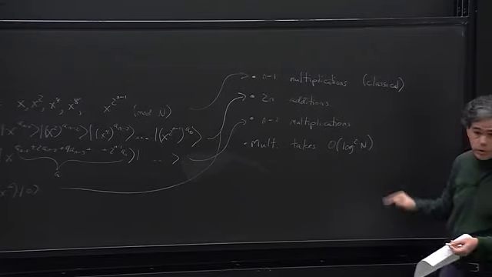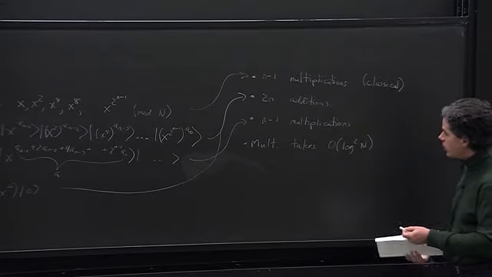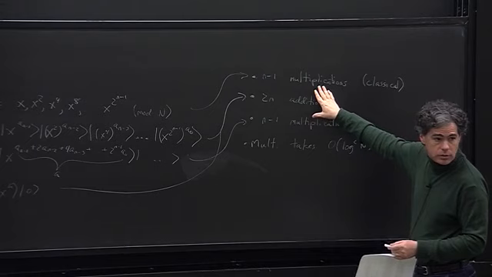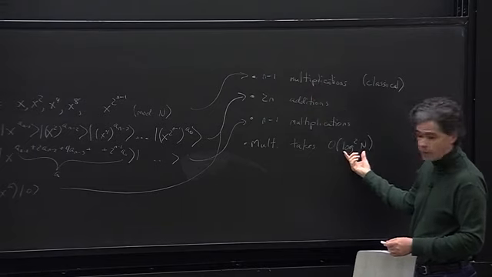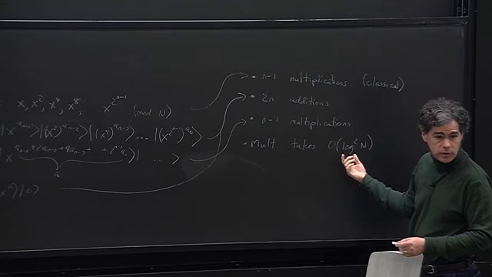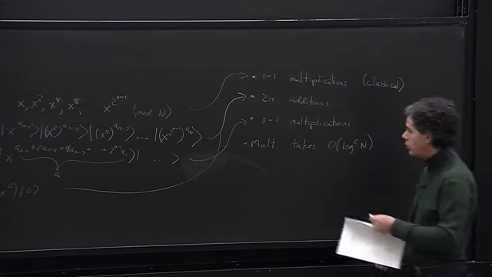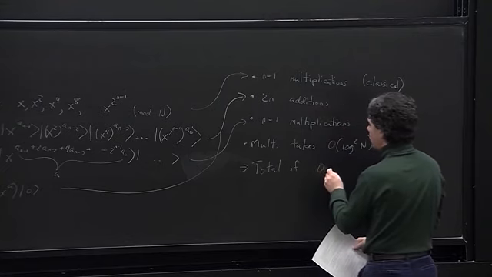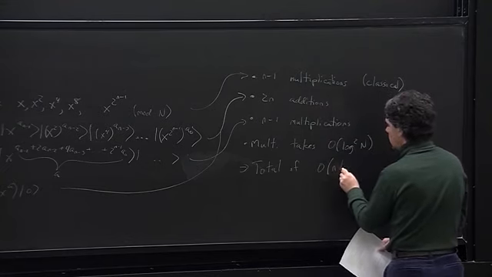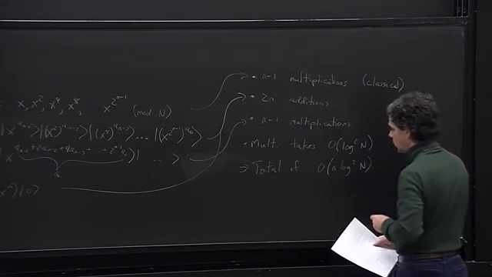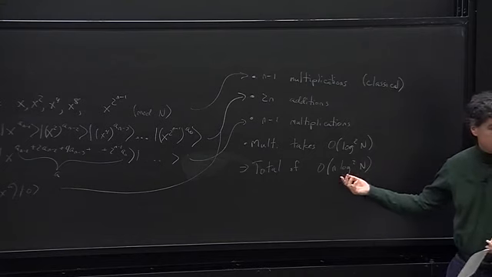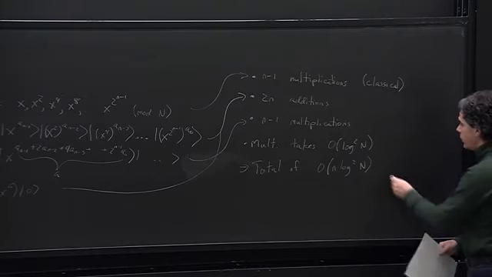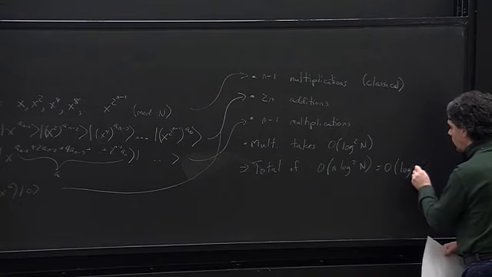But it's certainly no more than multiplication. And so the upshot is that we have O of n arithmetic operations times O of log squared n gates per operation. So that's a total of n log squared big N. And little n is going to be order log big N. So this is going to be O of log N cubed.